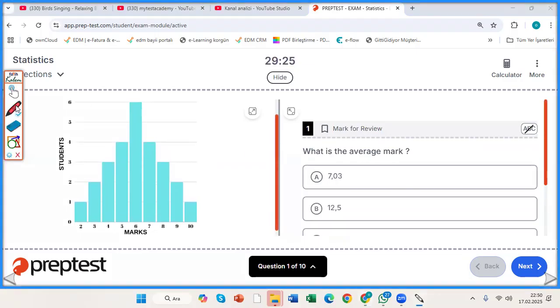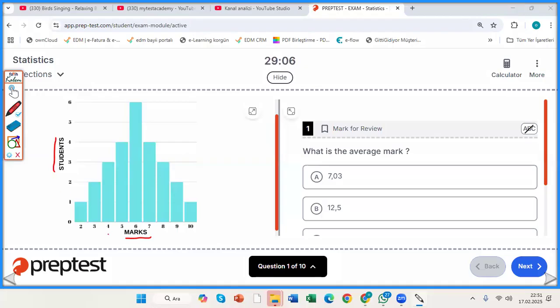As you can realize, when we look at the graph, the horizontal line shows us the marks of the students, and the vertical line shows the number of the students.